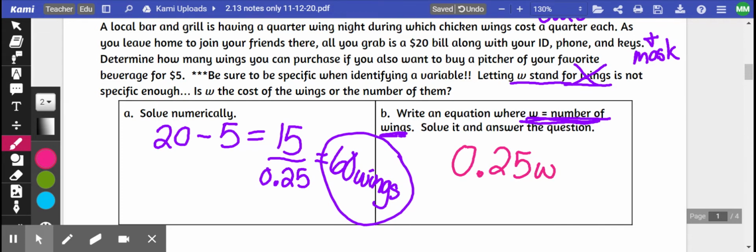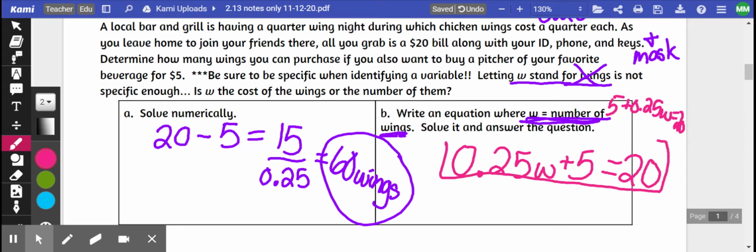We also know that it's going to equal a total of $20. And the other thing we need to account for is our beverage, so I'm also going to have 5 in there. If you wrote this as 5 plus 0.25W equals 20, that would be fine as well. But I'm going to use this one as our go-to.